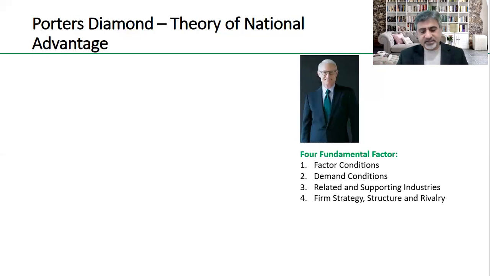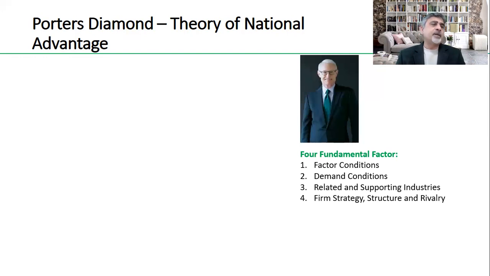One is what is the demand size, and number two, what is the nature of demand. What type of products consumers are demanding, what type of products consumers are putting pressure on businesses to provide. Then number three, you have related and supporting industries. No company can work on its own.